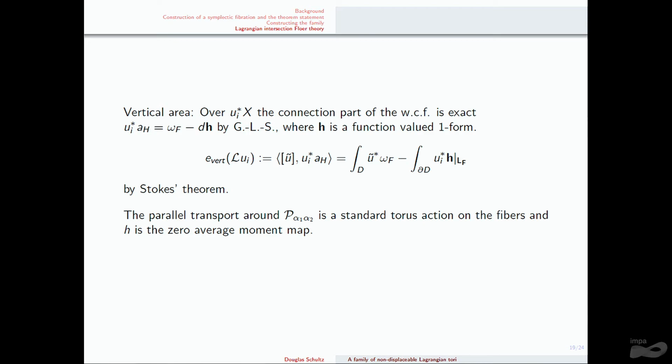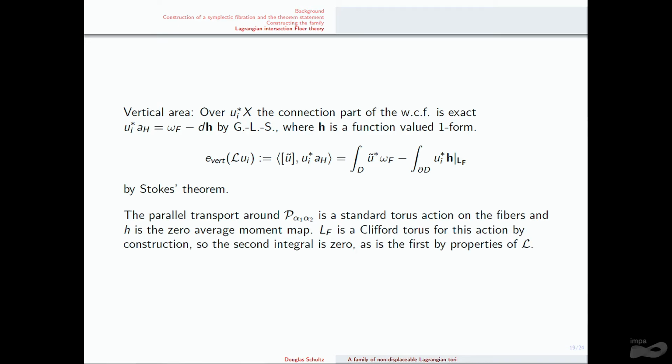But in general, it's just a linear T^n action on T^k, which has to reduce to the standard torus action. And since we're assuming that this H is a zero average Hamiltonian for parallel transport, and L_F is a Clifford torus, it vanishes. So this term here is 0.